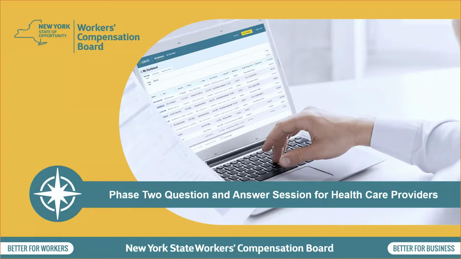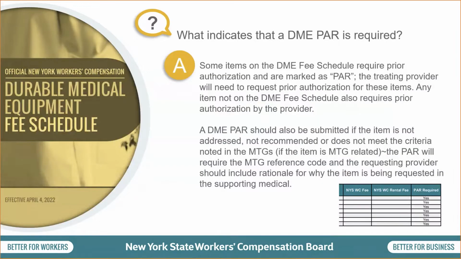What indicates that a DME PAR is required? Some items on the DME fee schedule require prior authorization and are marked as PAR. The treating provider will need to request prior authorization for these items. Any item not on the DME fee schedule also requires prior authorization by the provider.